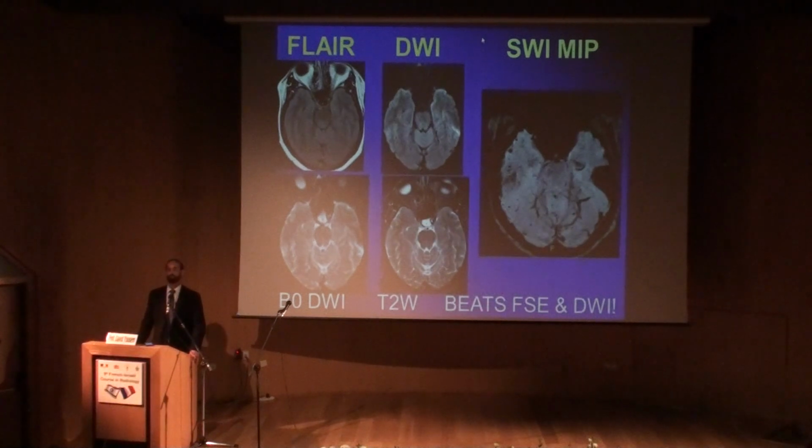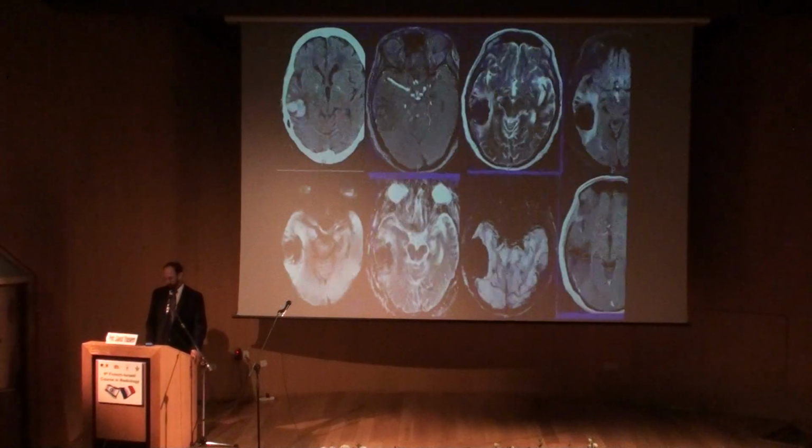But the susceptibility-weighted image is going to be very sensitive to the presence of deoxyhemoglobin in blood products. In fact, it's thought that the reason why you see the veins so well on an SWI MRI pulse sequence is because of the deoxyhemoglobin in the venous blood as opposed to the oxyhemoglobin dominance in arterial blood. So in this series of images, what one can see is the hematoma on the CT scan.